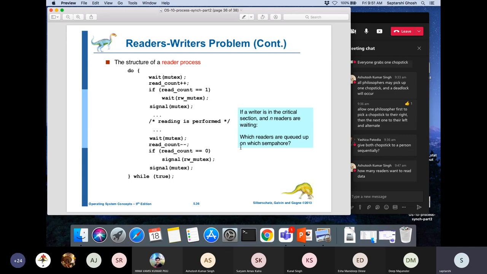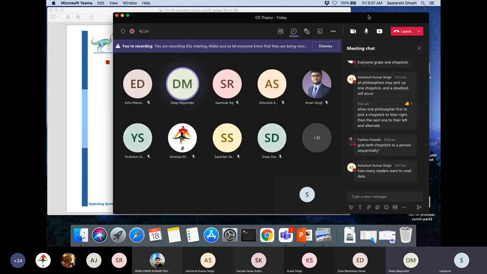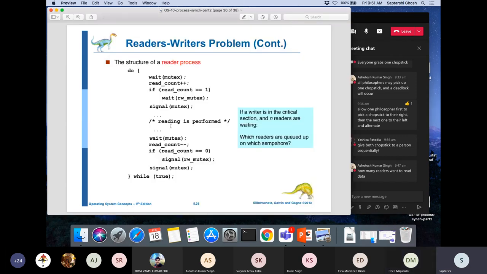If anyone wants, you can unmute and say directly for this part. Sir, RW mutex is signaled only after a read is completed, while writers will wait on RW mutex at the beginning of the write. So it is possible that the readers have higher priority. Okay, who is this? So Deep. Okay, Deep, you are on the right track.